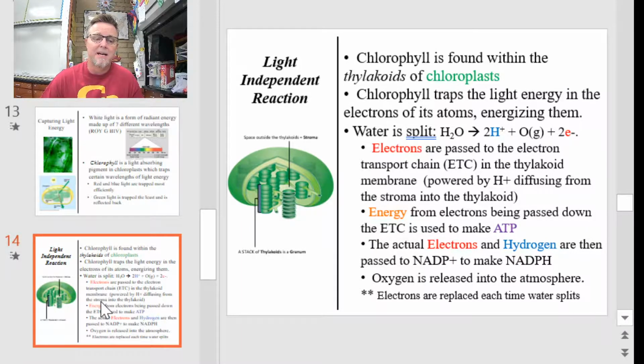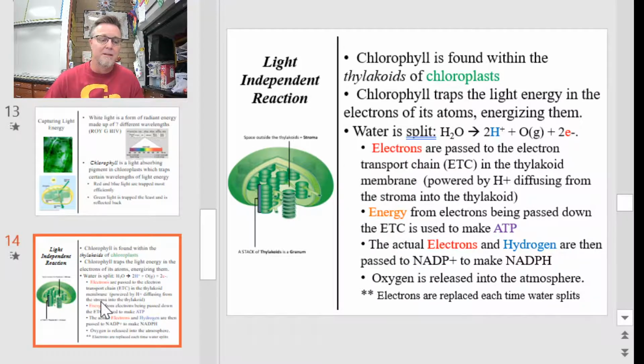But at the same time the electrons are being passed to an electron transport chain, water is also going to be split inside of the chloroplast at the thylakoid membrane. The splitting of water is important because it replaces those lost electrons that chlorophyll kicked off to an electron transport chain. Okay? Energy from the electrons is going to be passed through this electron transport chain and ultimately used to make a proton gradient that later will give us some ATP and our NADPH.